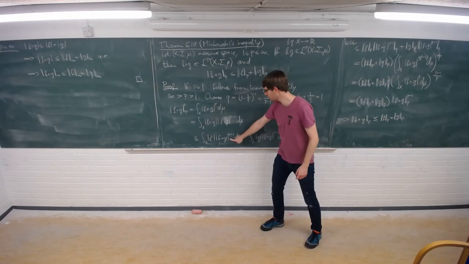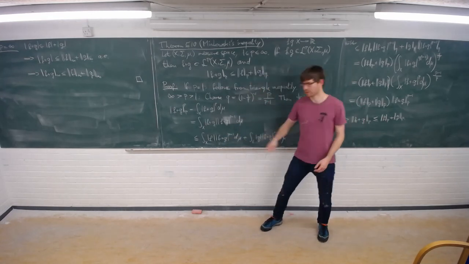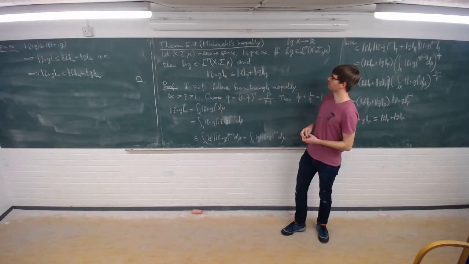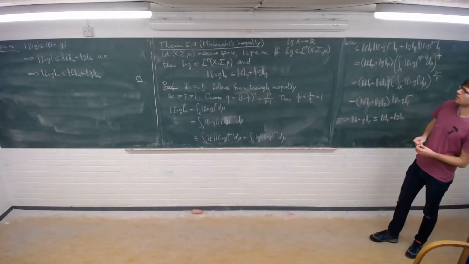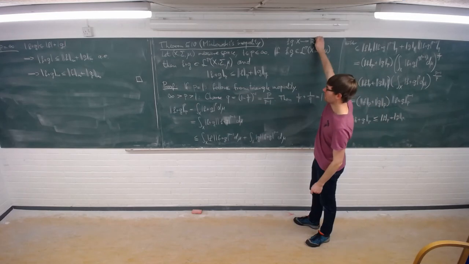If I take this and raise it to the power q, then it's f plus g to the power p, right? And f and g are both in LP. Yeah, so we'd still have to check that f plus g is in LP. Did we prove this already or not?